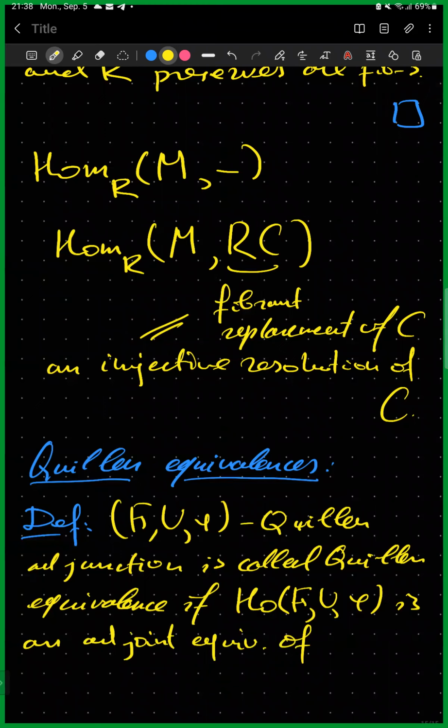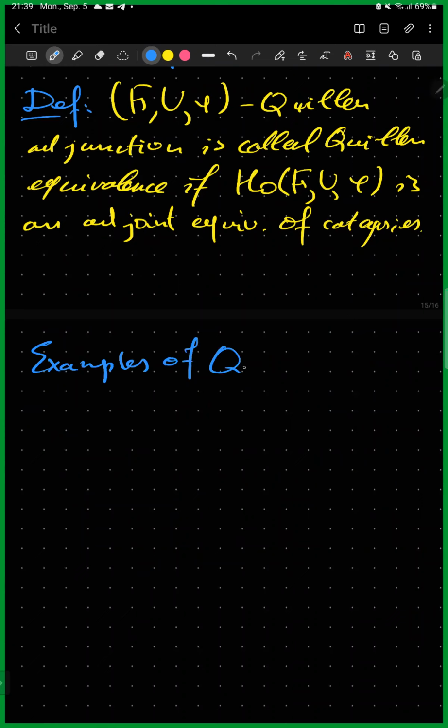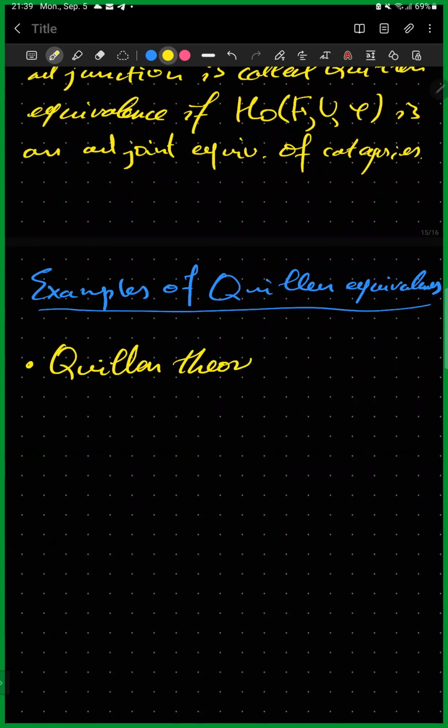So the Quillen equivalence theorem states that there is an equivalence between the category of topological spaces with the Quillen model structure, which was described above, and the category of simplicial sets, also with the Quillen model structure, which we also described.